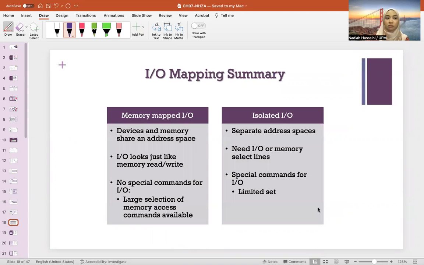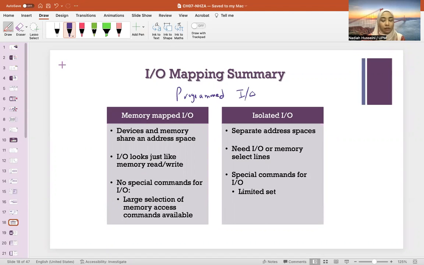Now, to summarize these 2 mapping schemes, this is specifically for programmed I/O. If I ask you which I/O operation technique the 2 mapping schemes, memory mapped and isolated I/O, belong to, you should be able to know this, okay? So only for programmed I/O, not for interrupt, not for DMA, programmed I/O only.